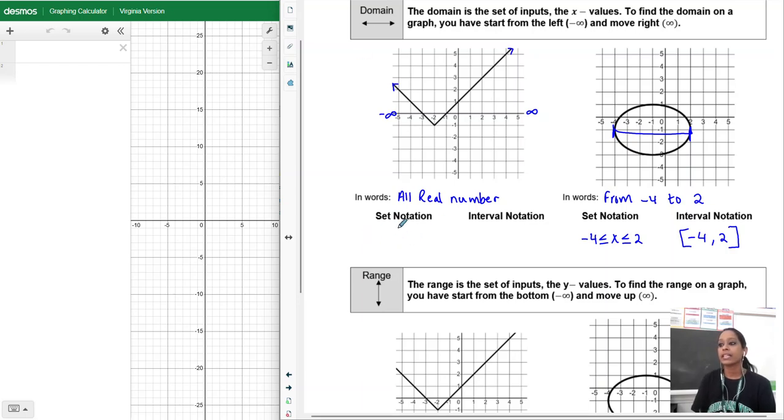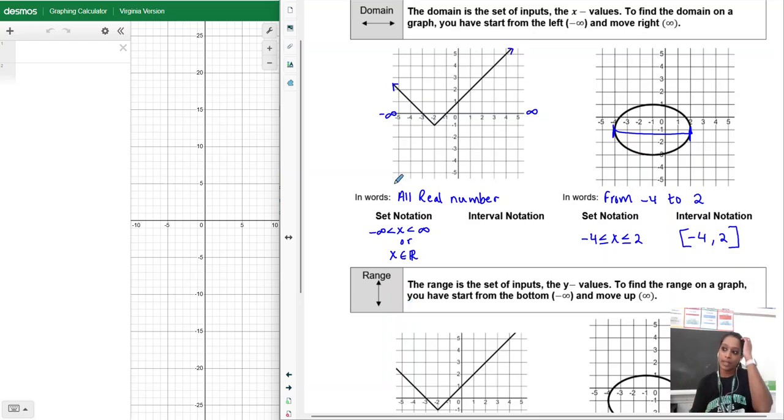Basically you're saying that x is between -infinity and +infinity, okay? Or I've seen it written where we say x is an element of all real numbers. This is a lot of symbols to get used to, but you'll keep seeing these. This means that x is an element of all real numbers. So these are the three different ways we say that the domain is going from -infinity to +infinity.